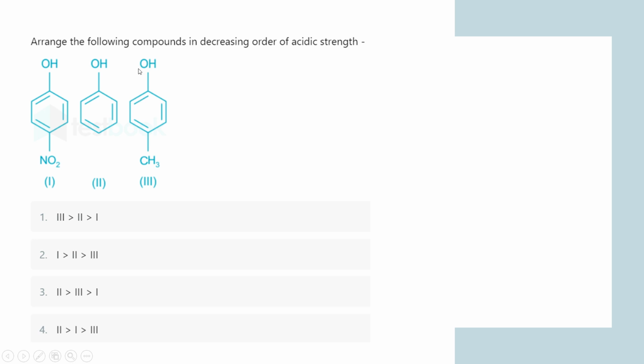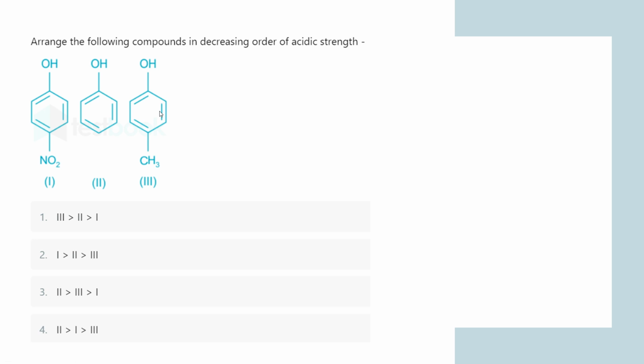So basically both these sides will try to donate their electrons to the benzene ring, which will create a sort of electron repulsion in the system. This is why the phenoxide ion formed after donating the proton will be a little destabilized in presence of electron donating groups on the benzene ring.